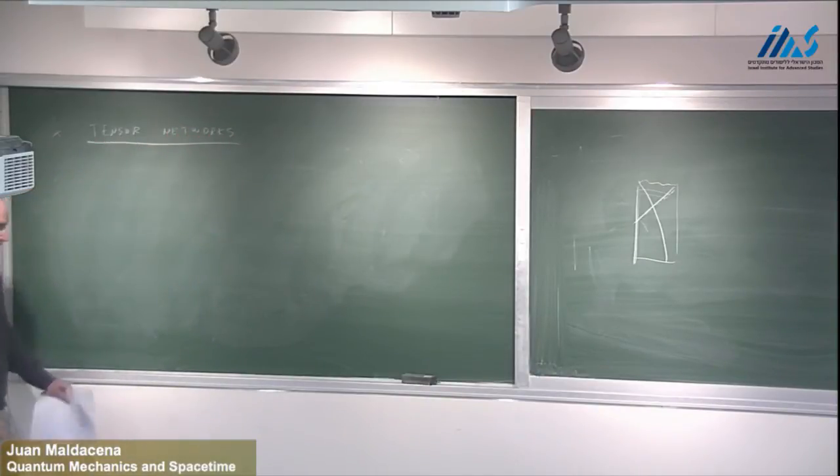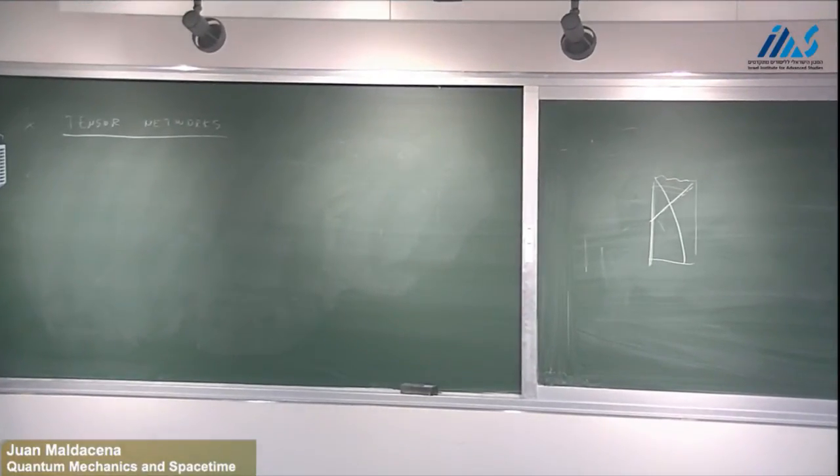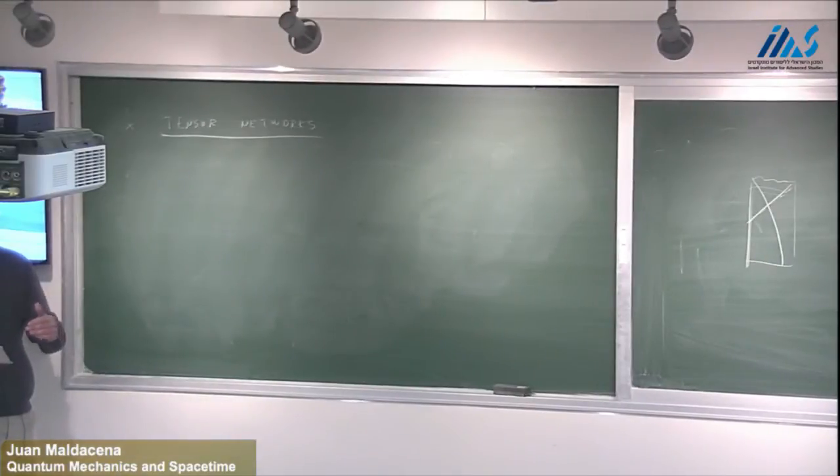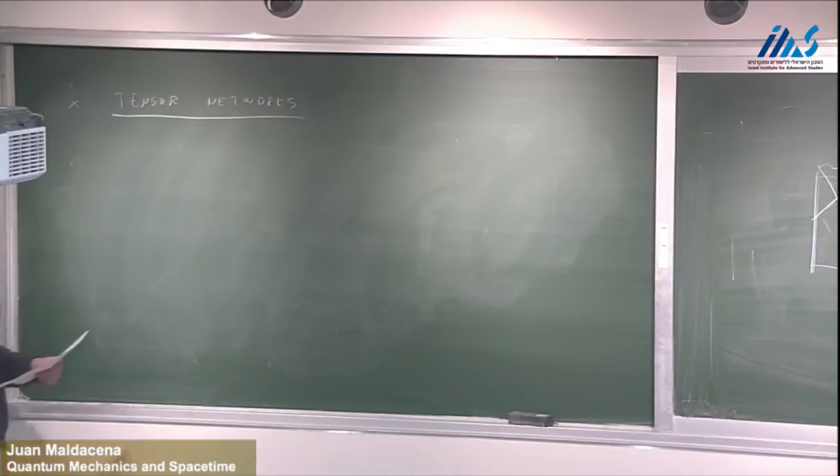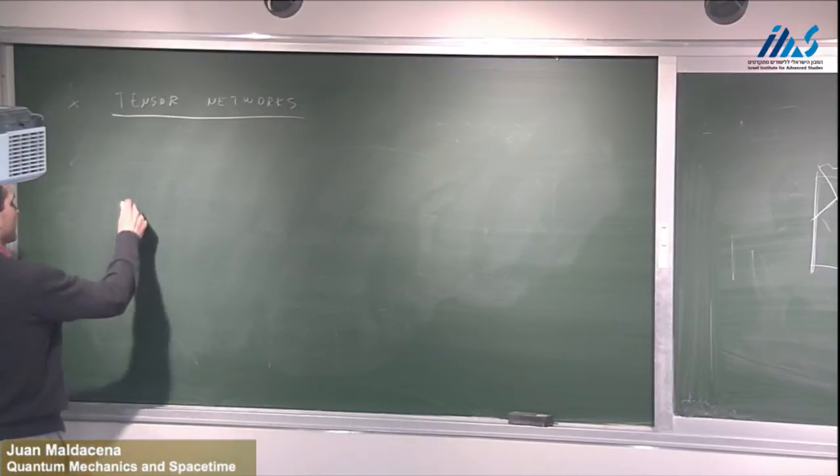This has to do with thinking about the renormalization group for the wave function, what it really means, and trying to get concrete pictures for the wave function of spins.